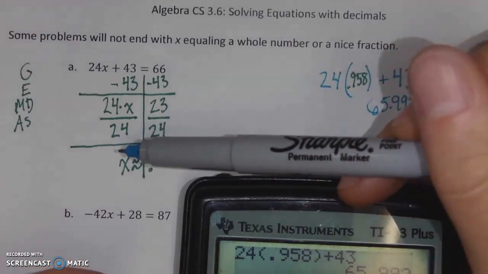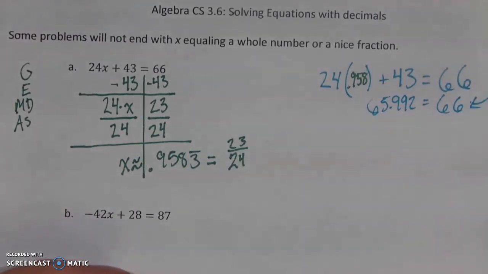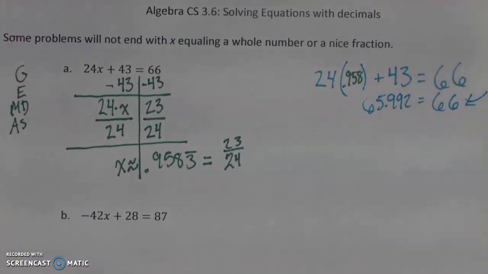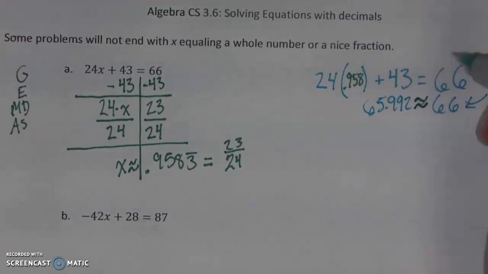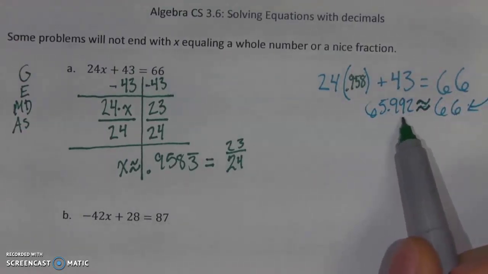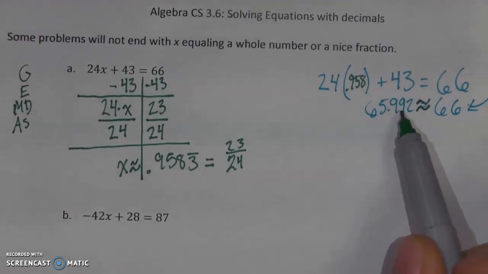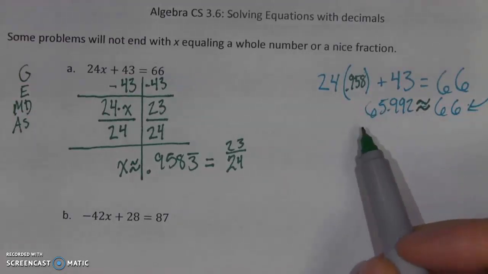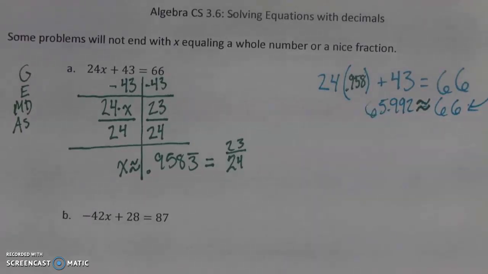It's really close to my x value, but I really need that 3 repeating at the end in order for it to be exactly x. So the answer I get here will not be exactly 66, but it will be close to 66. Now, how close is close enough? Generally, you want to be within a couple very small decimals away. See how this is 65.992. If I even round it up to the tenths place, it would bring this up to 66. So that's close enough.